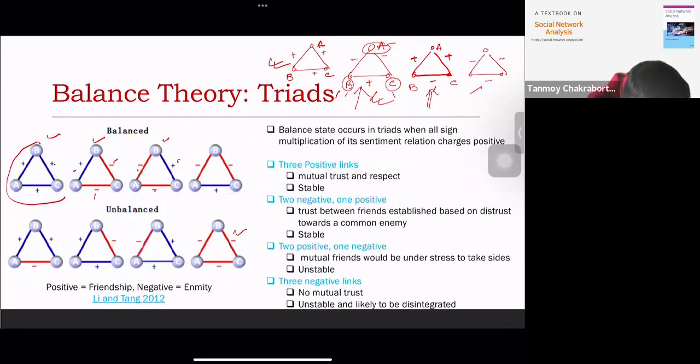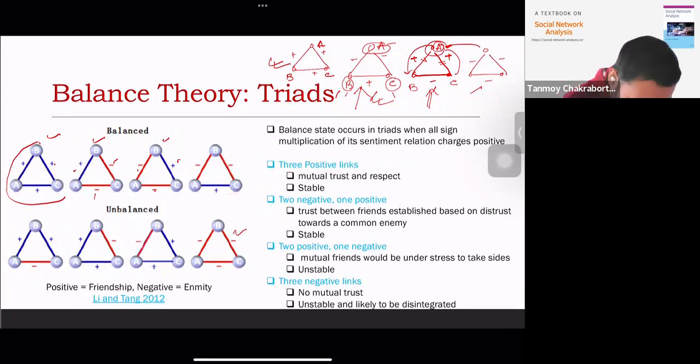So this mutual friend A would be under stress to take sides and to support one of the friends. And over time, either A would start preferring B, therefore this link will disappear, for example, or A will start preferring C, and this will disappear, or A would just leave this friendship totally.